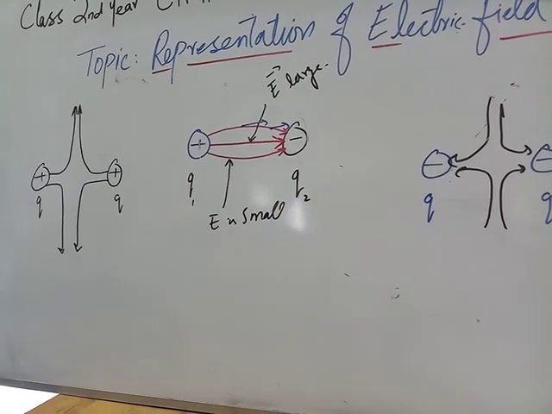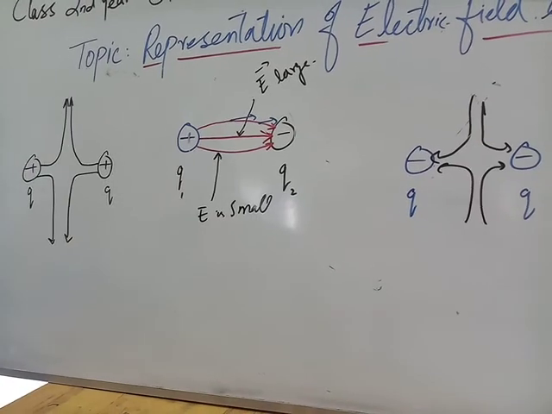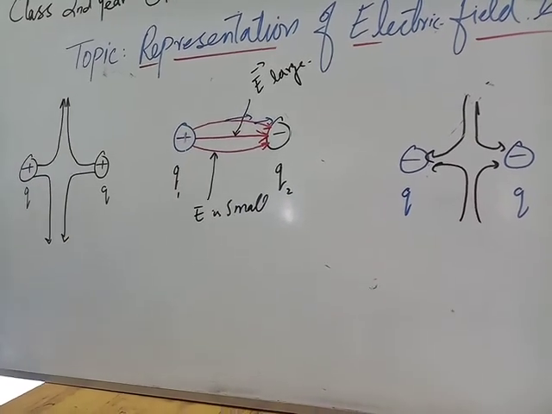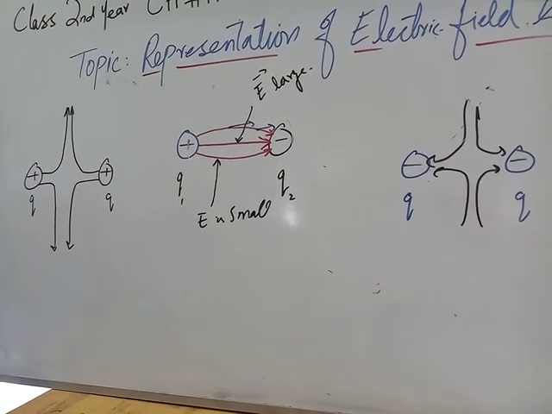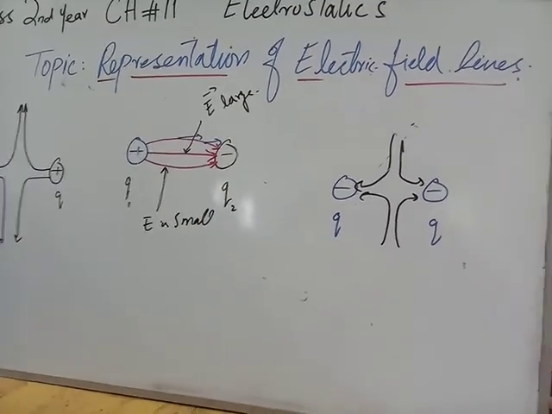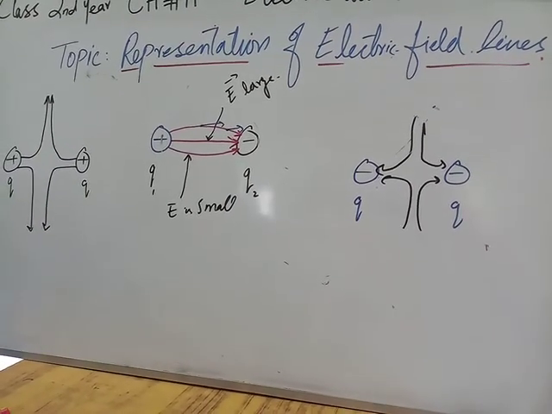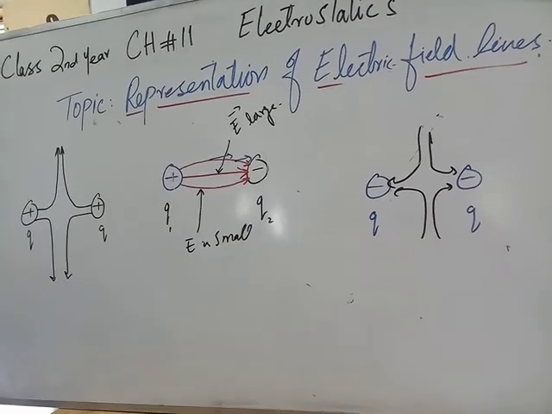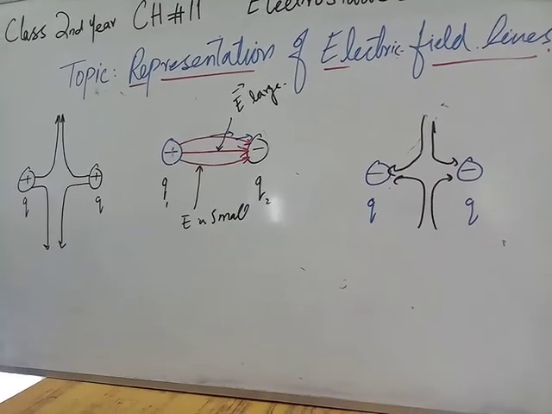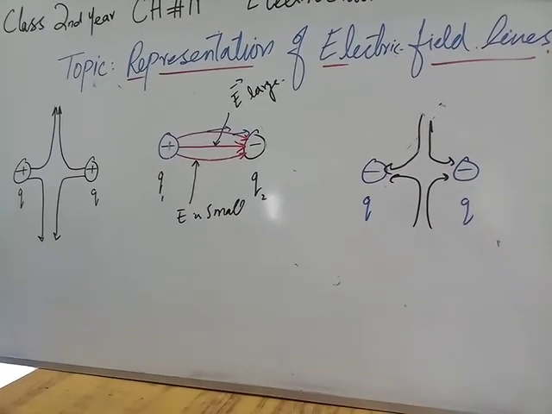These are the characteristics or properties of the representation of electric field lines. We represent the electric field, or the lines of action of force, by imaginary lines called electric field lines. So students, keep watching our videos. Thank you.